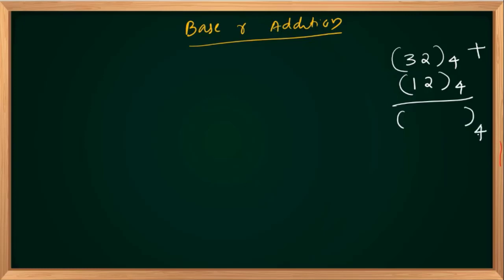Because two numbers are in base 4 and the base 4 addition should give you a result in base 4. And what will be the result? Addition in any base. Base 2, base 3, base 4, etc. Base 10, base 11, base 16, hexadecimal addition, etc. And what's your answer? 3 2 base 4 plus 1 2 base 4.